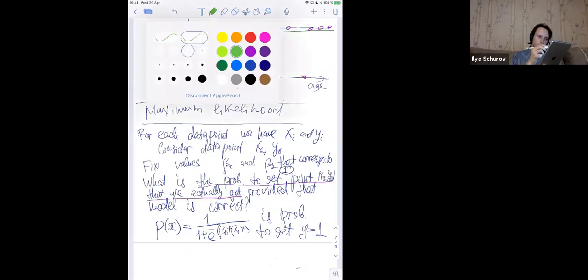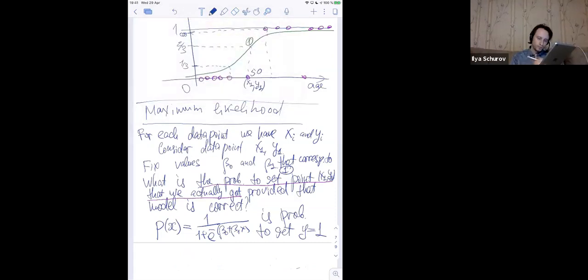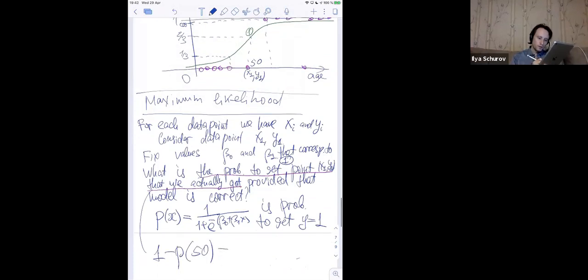This is 1 minus p of 50, and this is 1 minus 2/3, and this is 1/3.